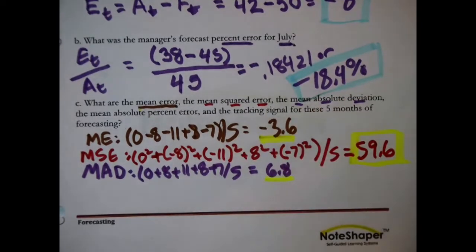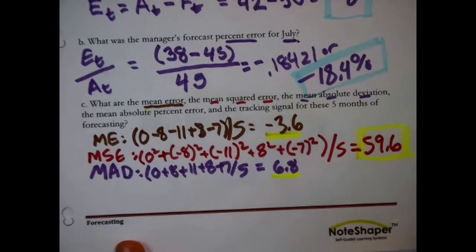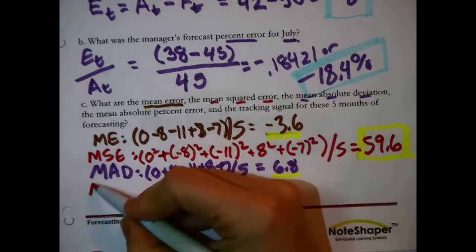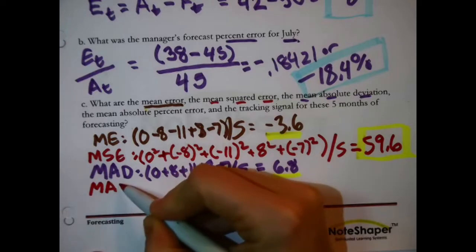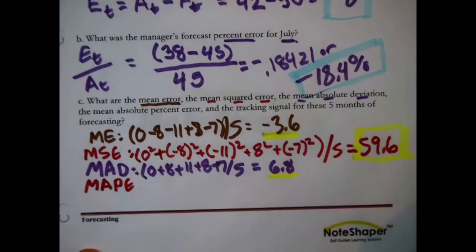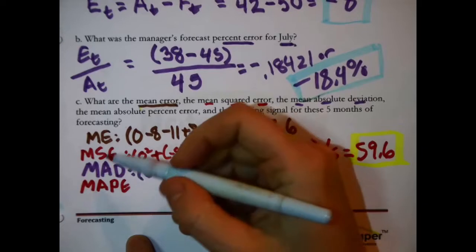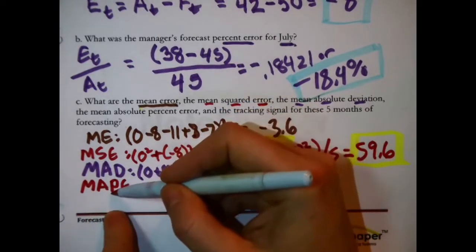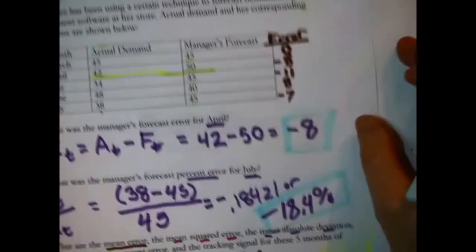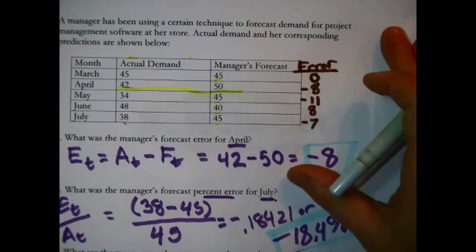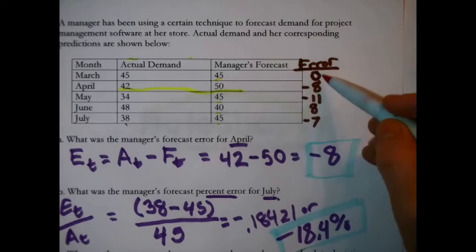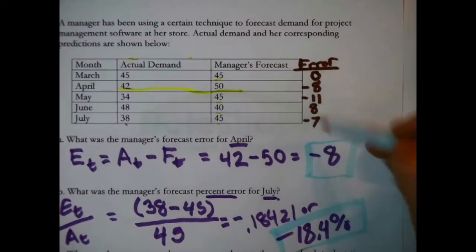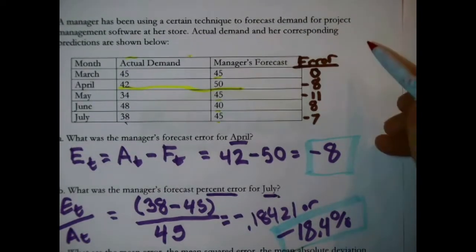What else? The mean absolute percent error, abbreviated the MAPE. Okay, well, mean, I'm going to average. Absolute, I'm going to ignore minus signs, but I need percent error. Whoops, I need to do some more scratch work for that one. Because here are the errors that we've been averaging, one way or another, squaring, dropping the signs, whatever.